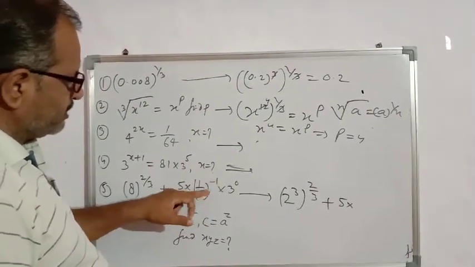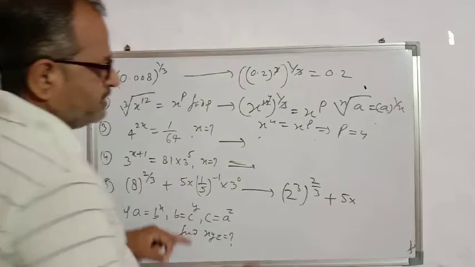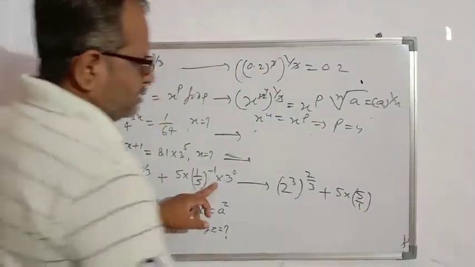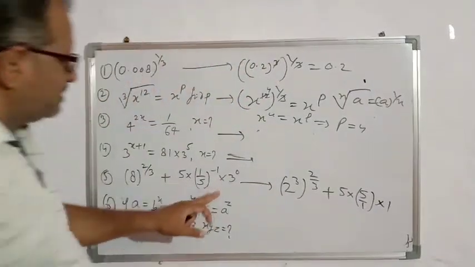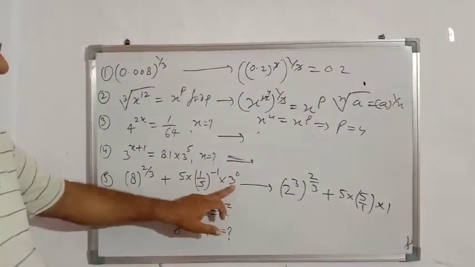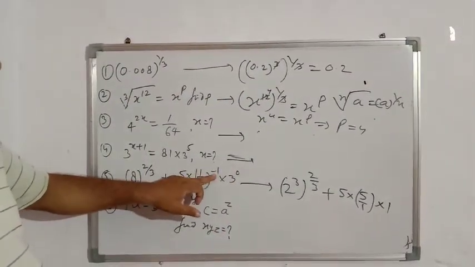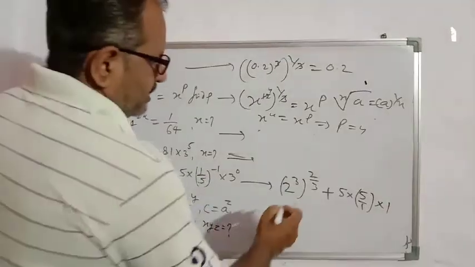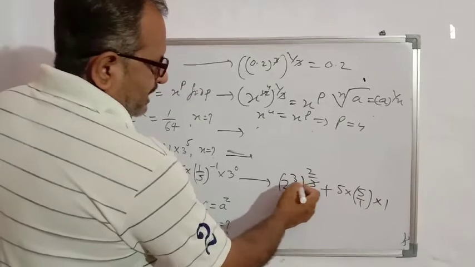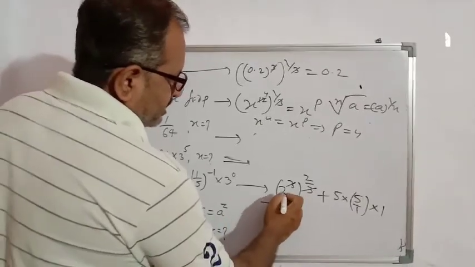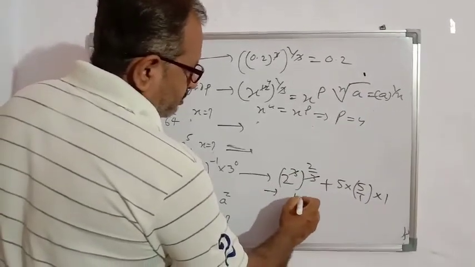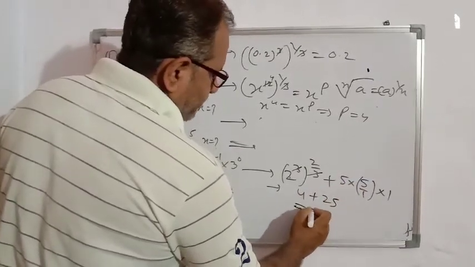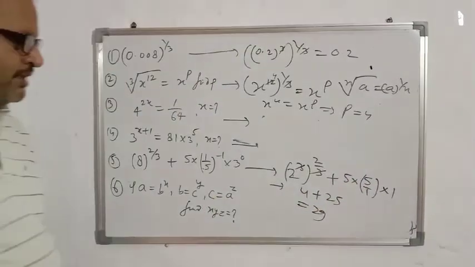To make the power positive, we take the reciprocal, so it will be 5 by 1, plus 3 to the power 0. 3 to the power 0 means 1. Power to the power we multiply, so the exponents cancel: 2 to the power 2 is 4. 5 into 5 is 25. 25 plus 4, 29 will be the answer.